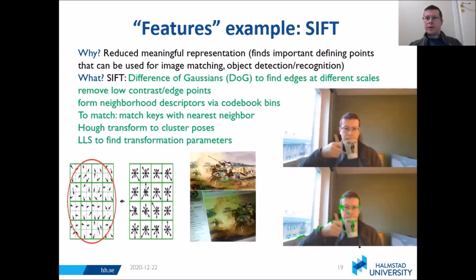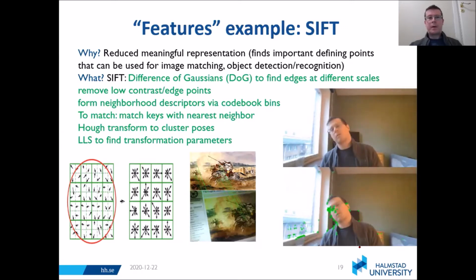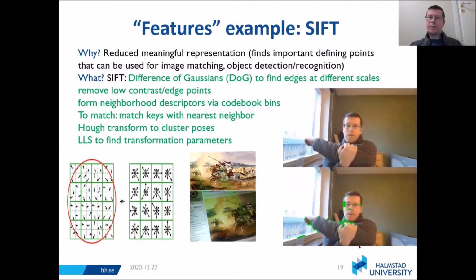Features is another very fundamental and important topic in computer vision. It's another way to have a reduced meaningful representation based on finding important defining points within an image. And you can use that then for detecting images, for matching different things in images. I'll talk about one example of a type of feature called SIFT.